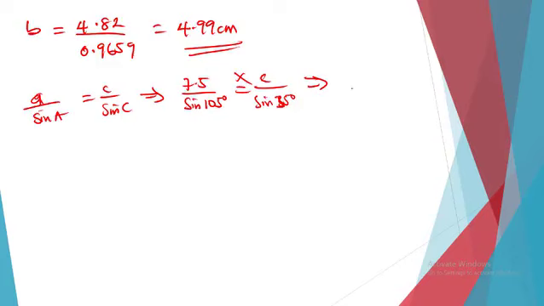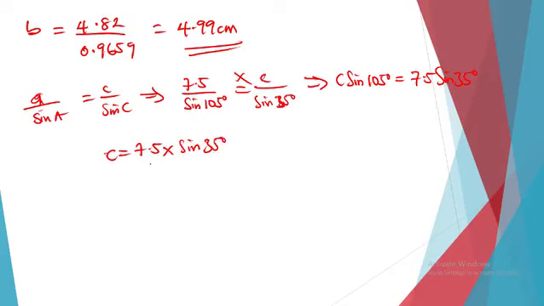If we cross multiply, we have c sine 105 equal to 7.5 sine 35 degrees. Making c the subject of the formula, c is equal to 7.5 times sine 35 degrees all over sine 105 degrees.